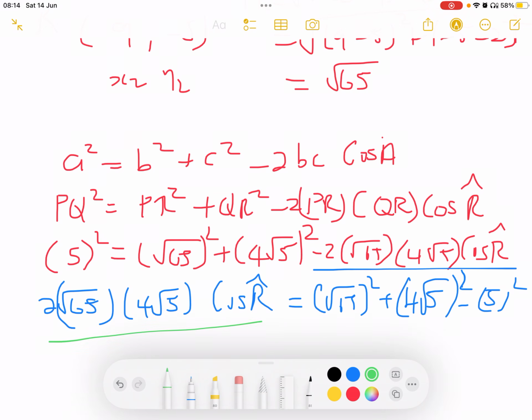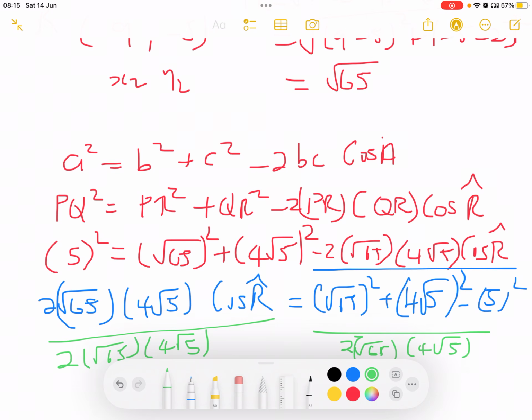Okay, then now we can divide both sides here by 2 root 65. We're keeping on with the values here unsimplified because we want to not lose any decimal. And here we can divide with 2 root 65 since we are not in the final answer also. That's 4 root 5.